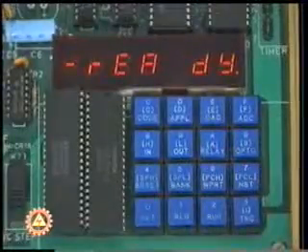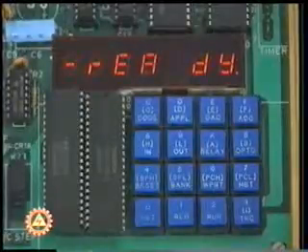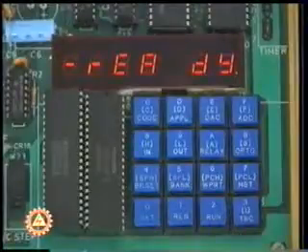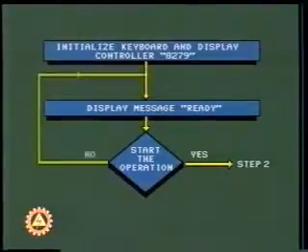This indicates that the system is waiting for the operator's command. The moment the processor receives an appropriate command, it goes to step 2, that is, to measure the temperature. Otherwise, the system waits for an appropriate command. In this manner, the program takes care of any errors at the operator level.